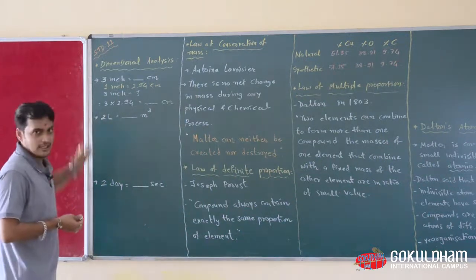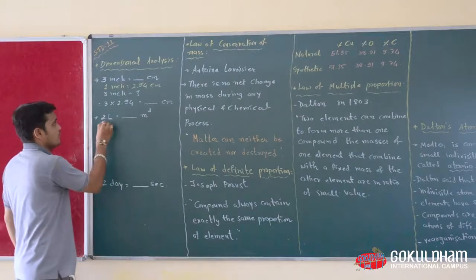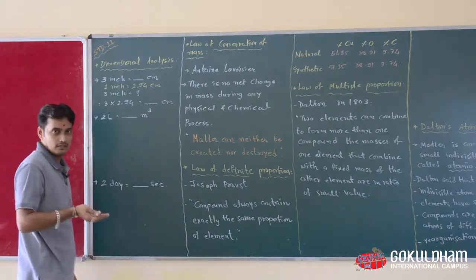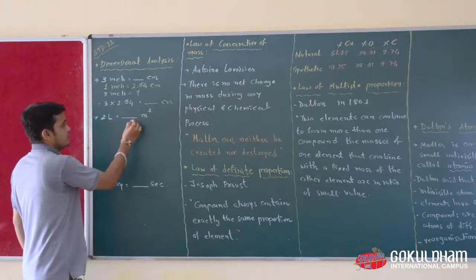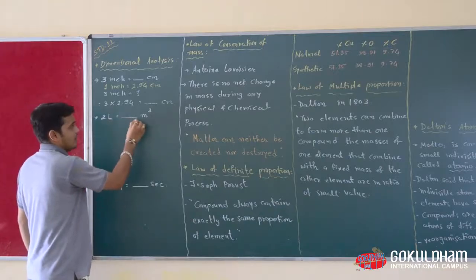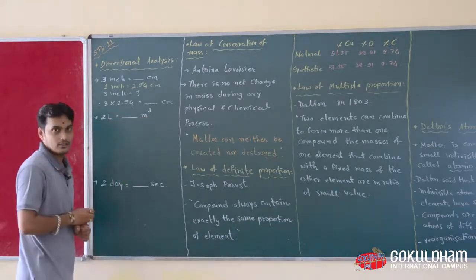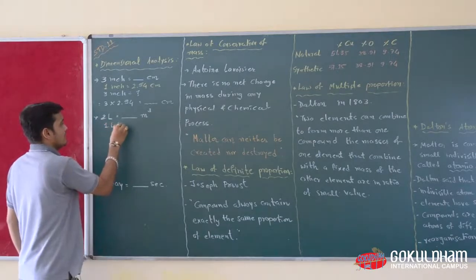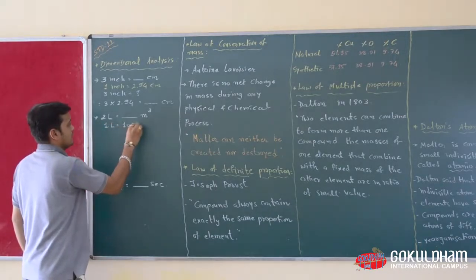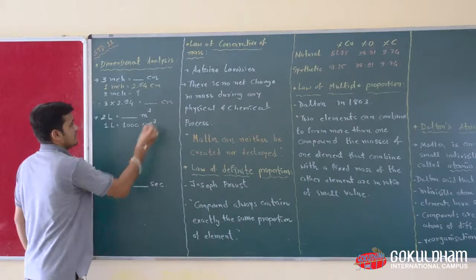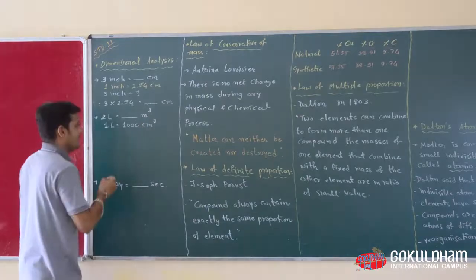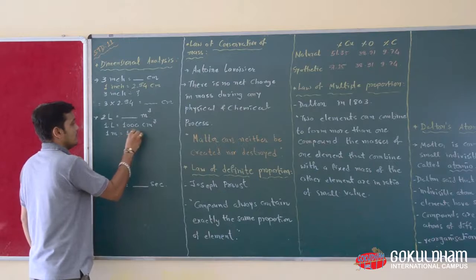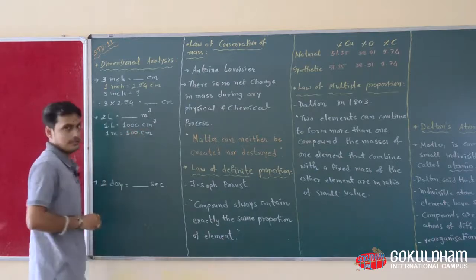In our second case, 2 liter of water or milk. 2 liter is equal to how much meter cube? So, you have to remember 1 liter is equal to 1000 centimeter cube and 1 meter is equal to 100 centimeters.